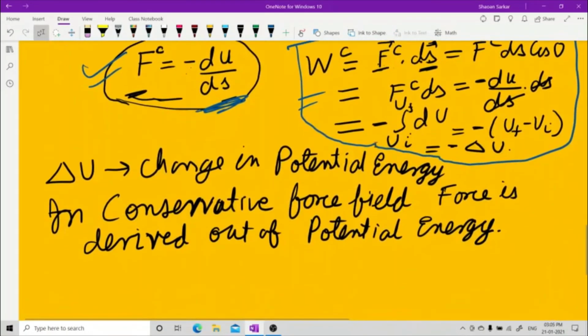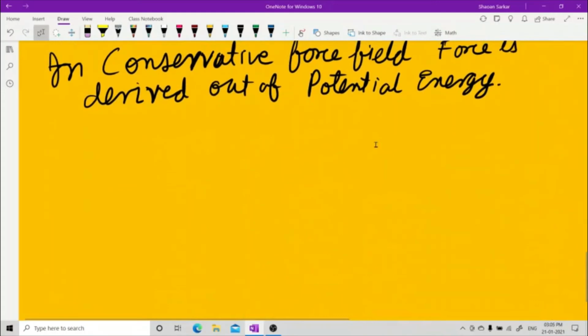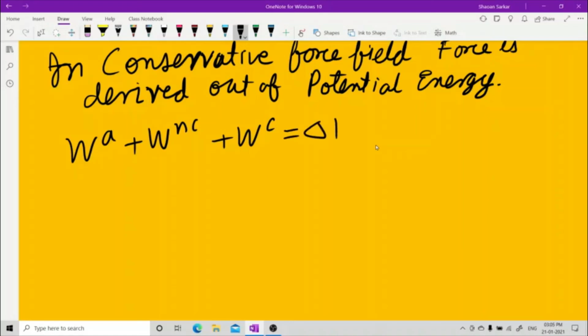Now you see, I'll rewrite that expression. W applied plus W non-conservative plus W conservative is equal to delta K, where I already know just above W conservative is minus delta U. I hope you now know it.